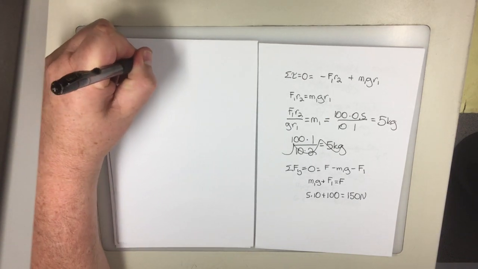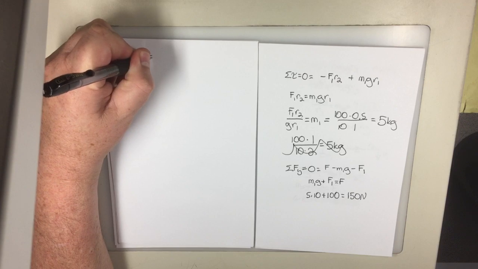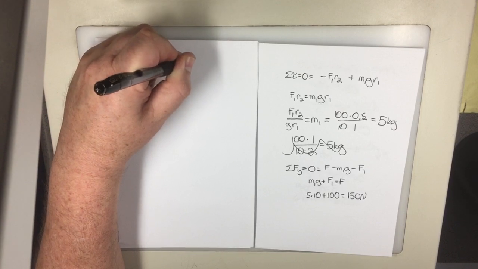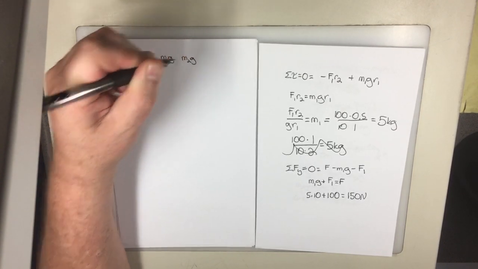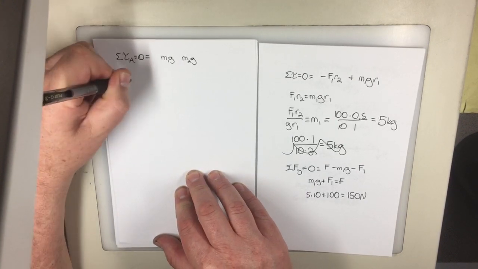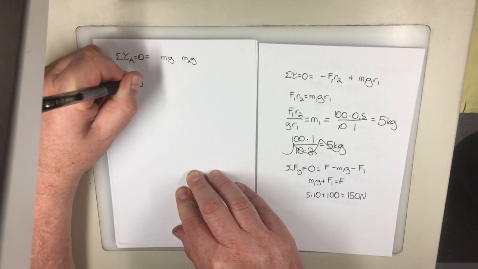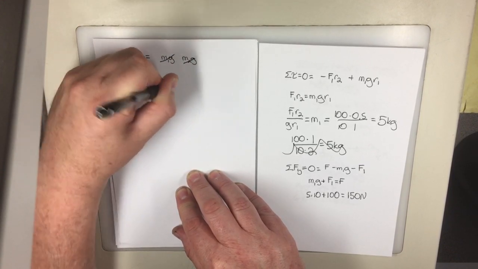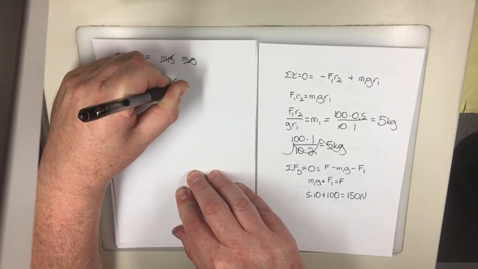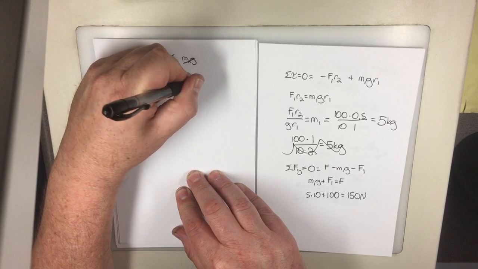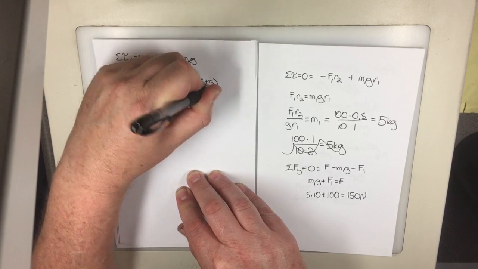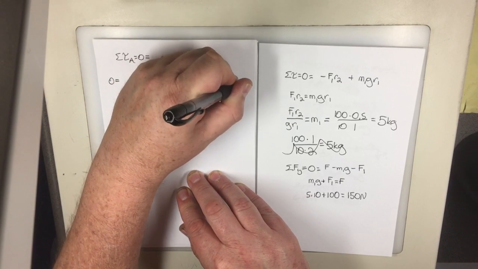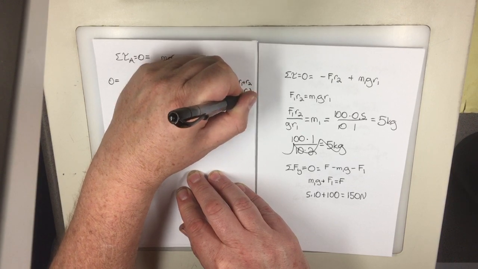Now, that is M1G, M2G. Oh, I'm going to need distances. Hold on. M1G R1, M2G R2, F2 times R2 plus R3, and M3G times R2 plus R3 plus R4.